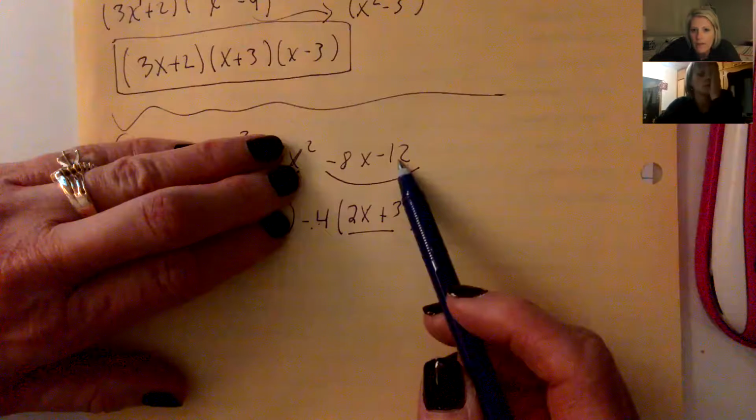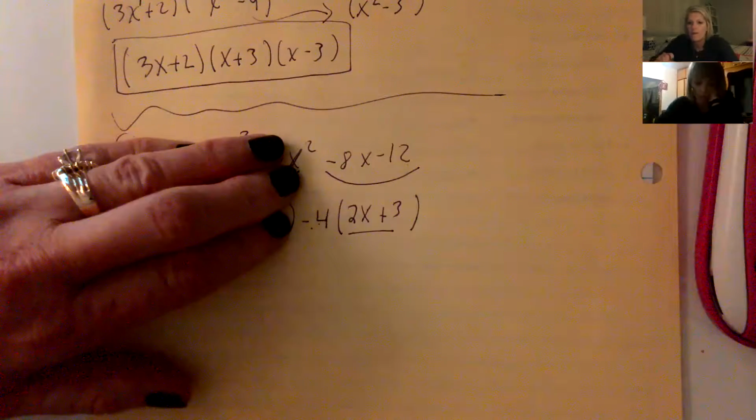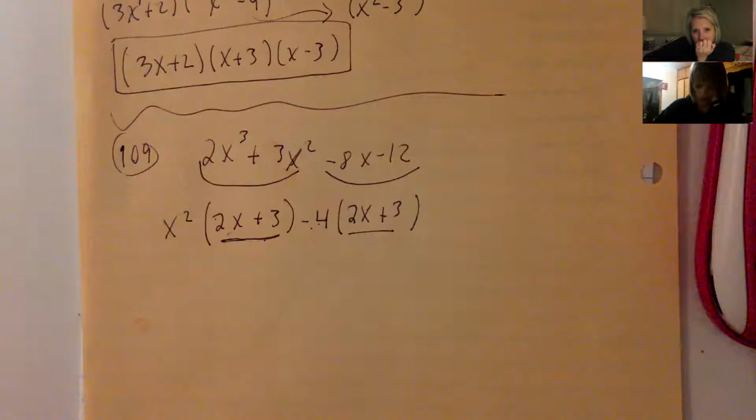Okay. And then the -12 divided by the -4 is the +3 left. Okay. I think I got it.